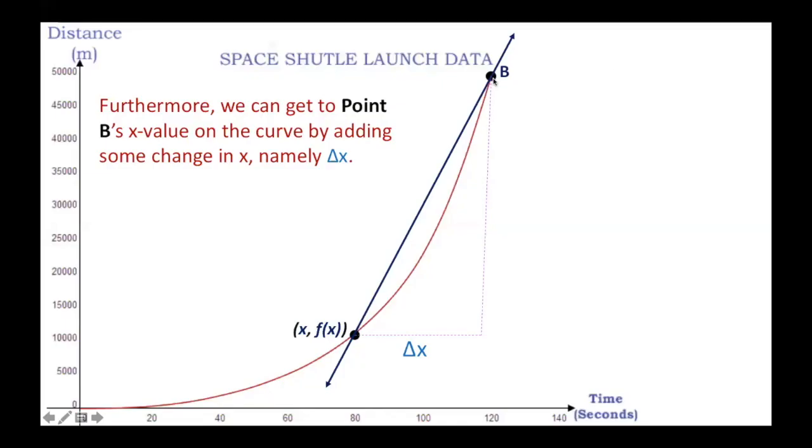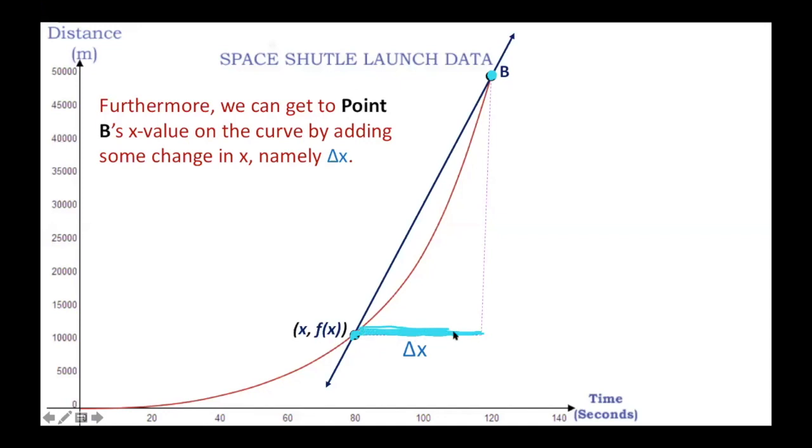But we want to eventually get to point B up here. How we're going to do that is we're going to take the position of this point here, and we're going to add a value or a change called delta x to the x coordinate. Now, delta x, this triangle, delta means change. So change in x means we're going to add to the x value.